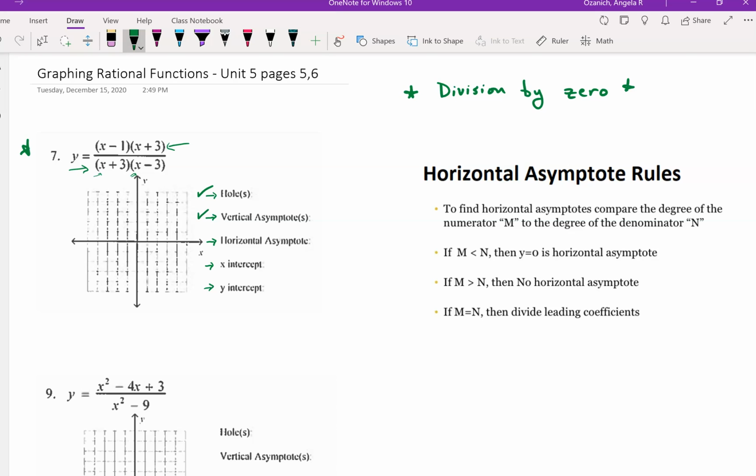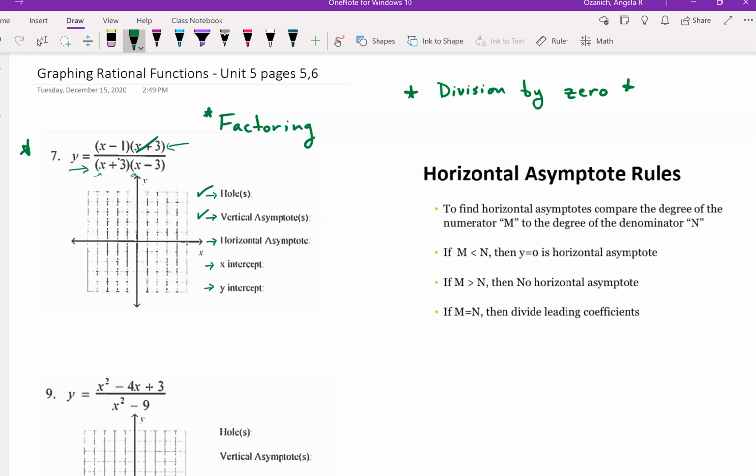As we go through analyzing this particular rational function, let's start with just noticing the x plus 3 and the x plus 3. Most of the work you're going to be doing, you're going to have to do the factoring yourself. So this one's kind of nice. It's already factored for us, so that's a bonus.